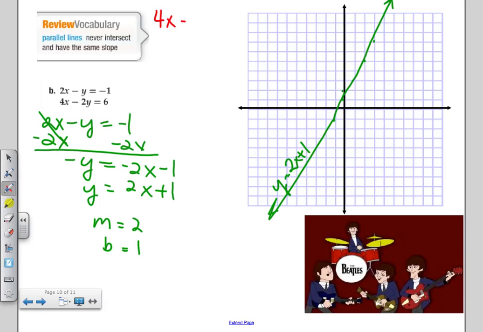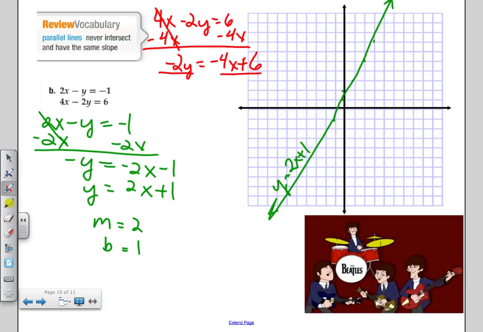4x minus 2y equals 6, minus 4x on both sides. And we get negative 2y equals negative 4x plus 6. Divide both sides by negative 2, and we get y equals 2x minus 3.